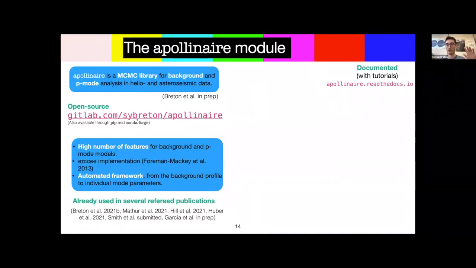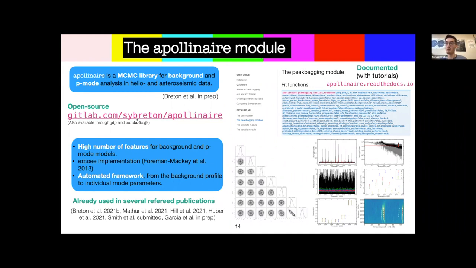Not exactly for now, because Apollinaire was first dedicated to fitting main sequence solar-like stars. That was the first objective I had in mind when I developed the code. But if you have a good guess for the mixed modes, you can include them in the input files.